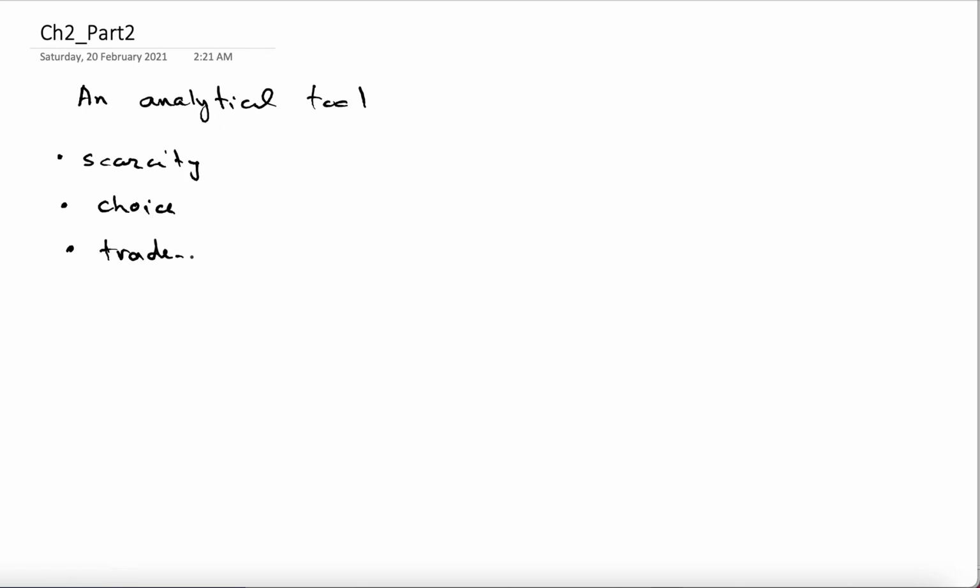We want to develop an analytical tool that explains to us scarcity, explains choice, explains trade-off, and explains marginalism or relativity, and efficiency.